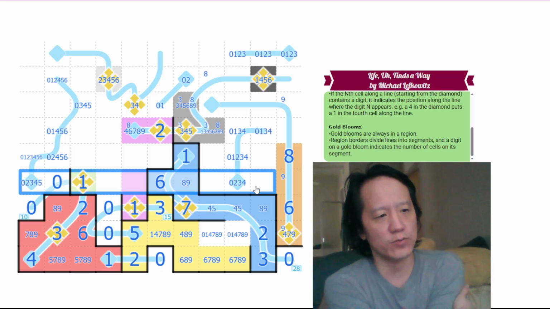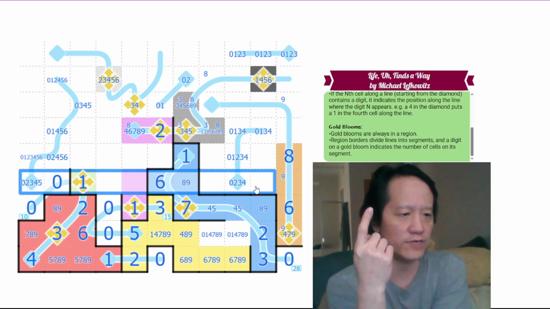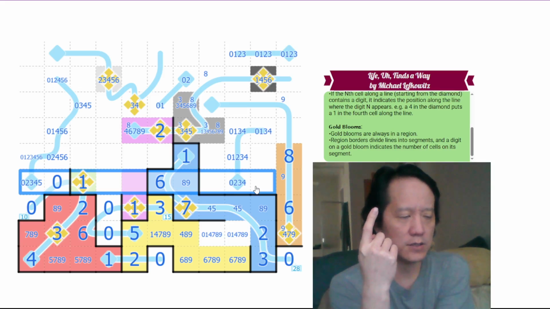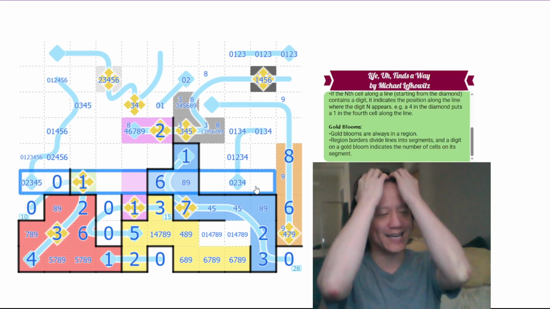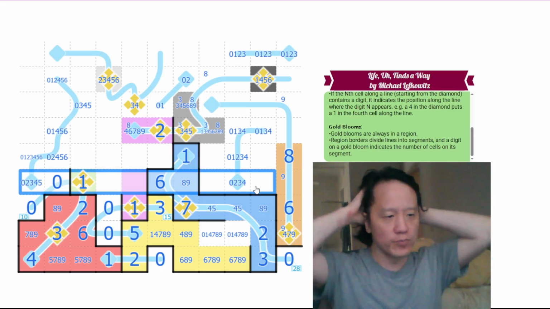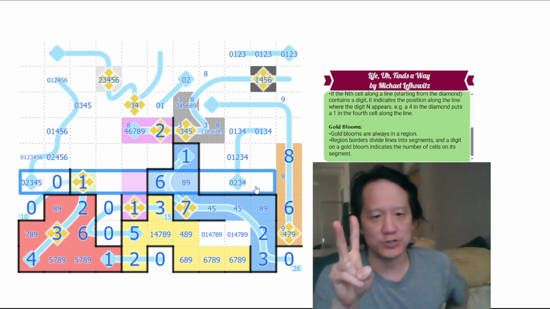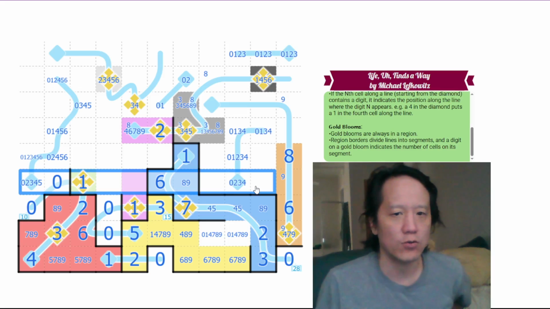So another row would only have 1 cell that's not part of a region. But then you would have a repeat there because you'd have 10 cells trying to fit 9 digits, which is not allowed. So you have to have 2 empty cells in every row.